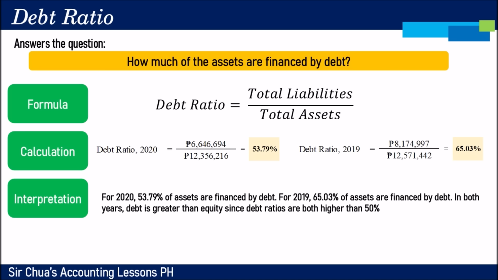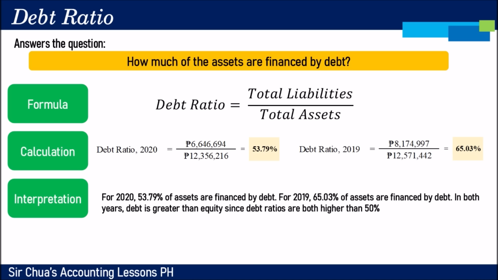For 2020, 53% or 54% na yan actually ng ating assets ay galing sa utang. Okay? And then for 2019, 65% po ng ating assets were financed by debt. In both years, debt is greater than equity since debt ratios are both higher than 50%.